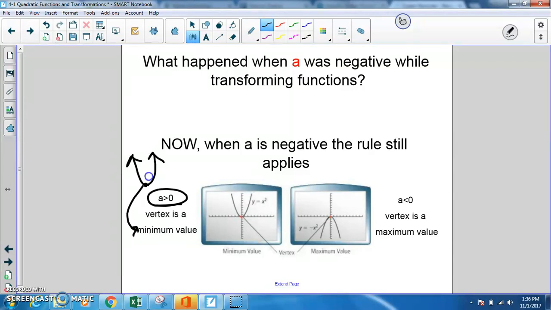If you can see, that is the lowest value on your graph. If a is less than 0, or if a is negative, we open downward, making our vertex a maximum value because that is the highest value on our graph.